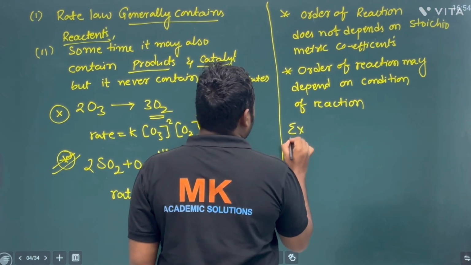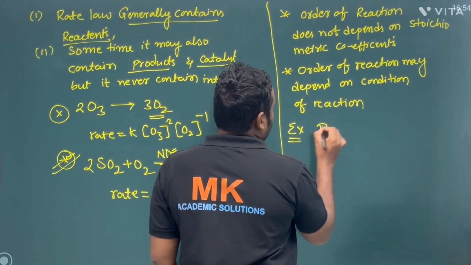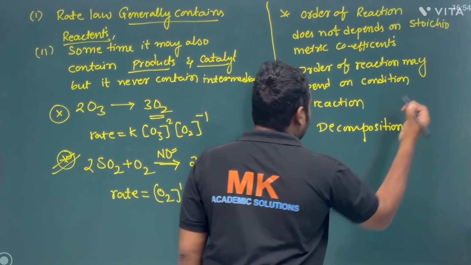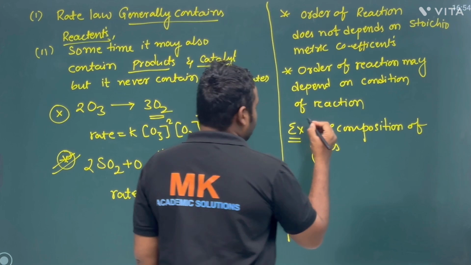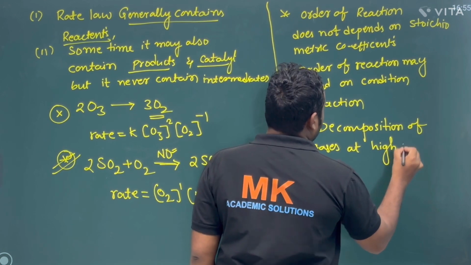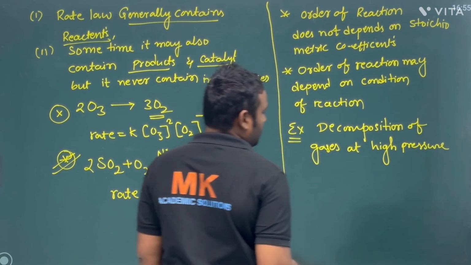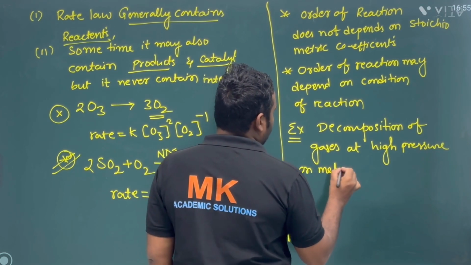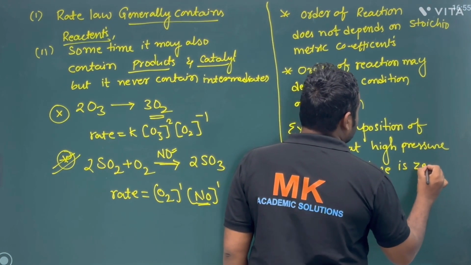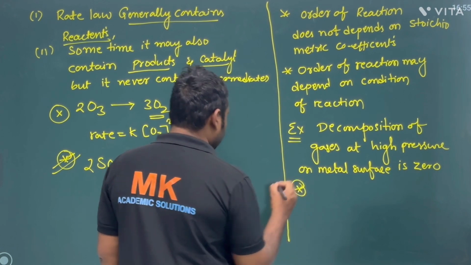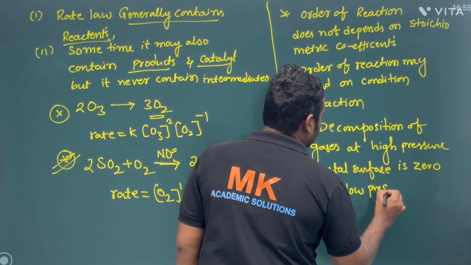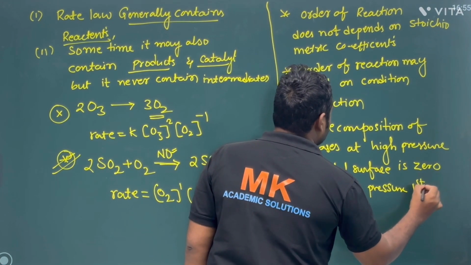For example, you take the decomposition of gases at high pressure on a metal surface, it is zero order, whereas at low pressure it is first order.